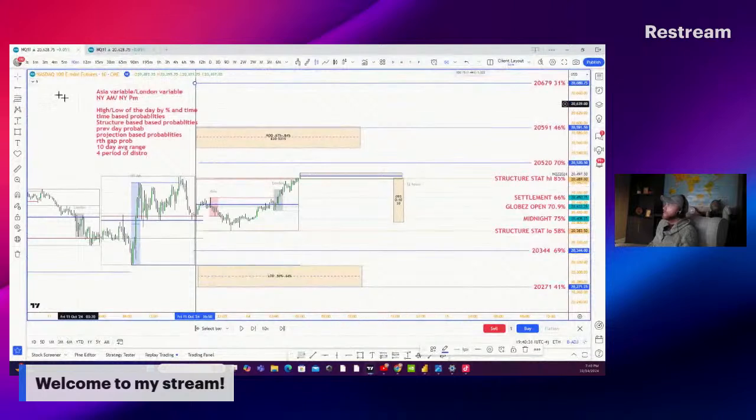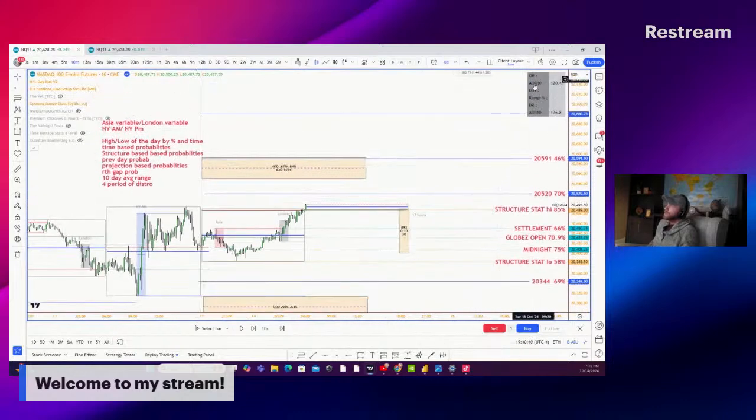So we're going to come over here. We're going to get our opening range stat, and we can see that the average opening range, so 930 to 1030, is 120, and the average DR range is 176, so 930 to 10. So we're going to factor that in right now, and we see that it is higher probability to be above this low, right? And we know that 8 to 9 o'clock over time has a higher probability of reaching this midnight.